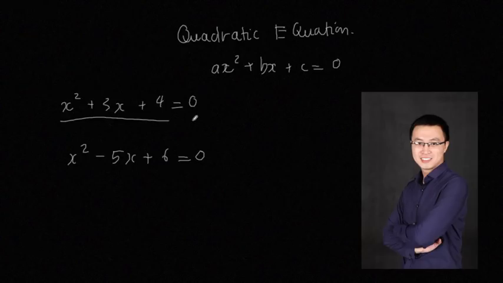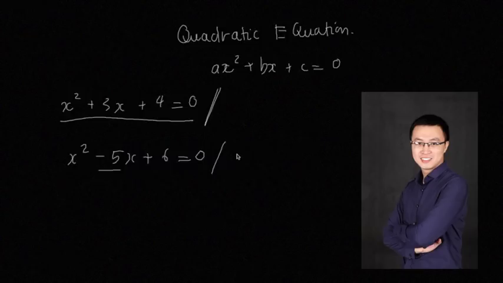The first one we call a positive quadratic, because all of a, b, and c are positive numbers, but the second one is not. In the second one the value of b is -5, not +5, okay? So we focus on the first one because it's easier than the second one.